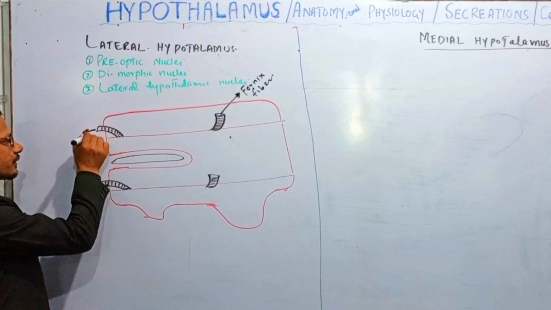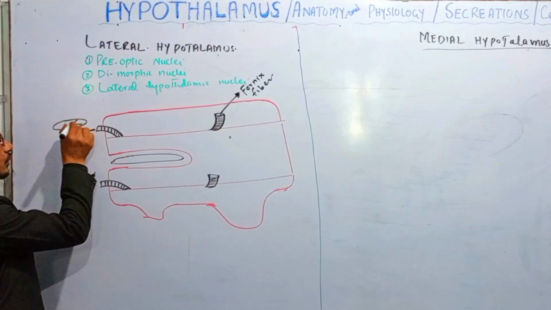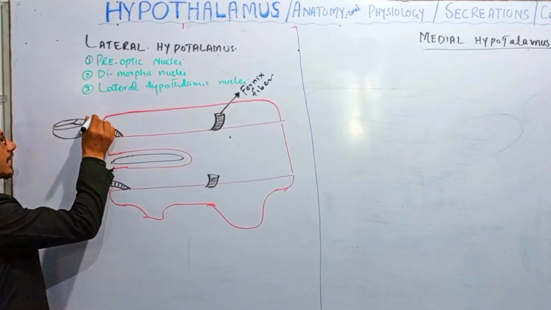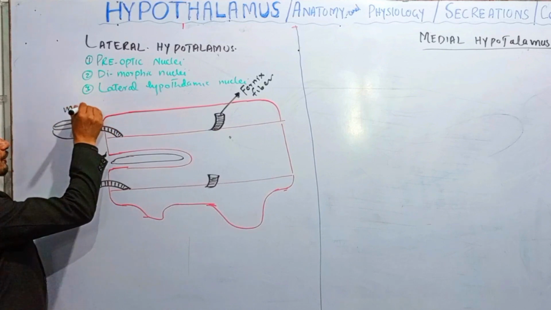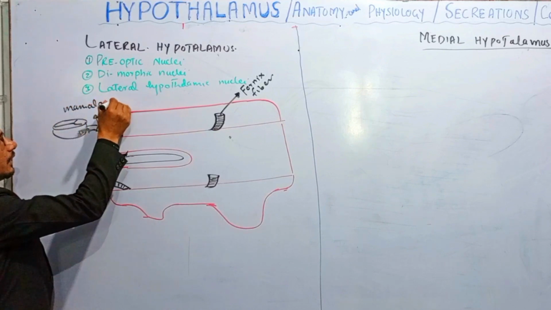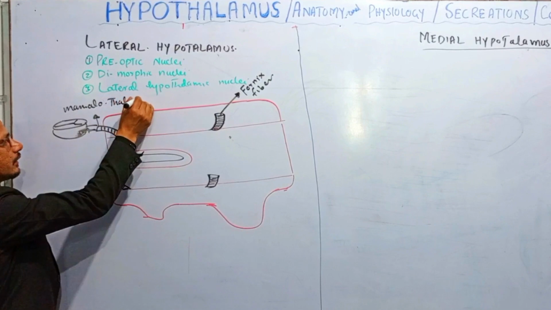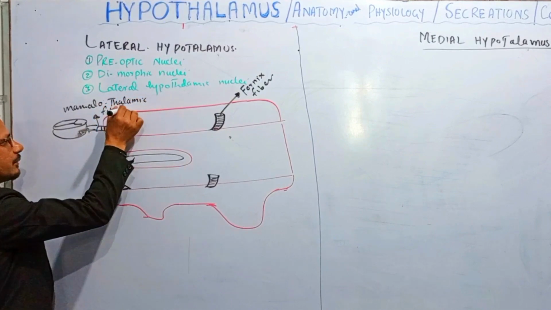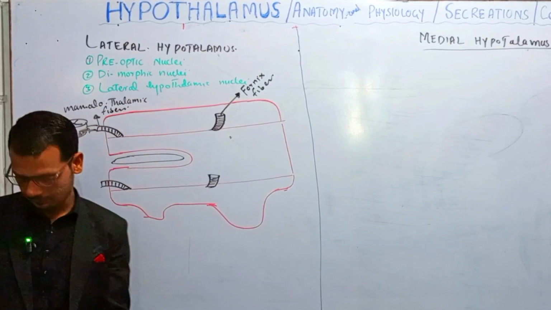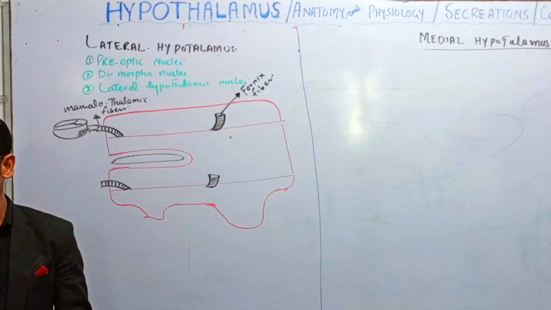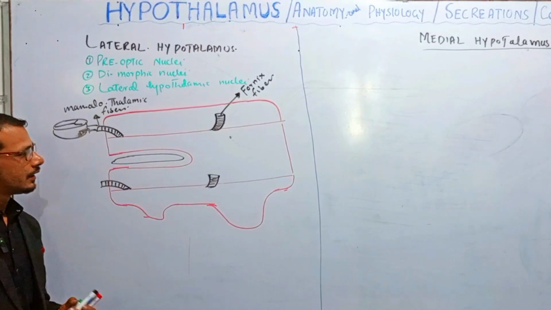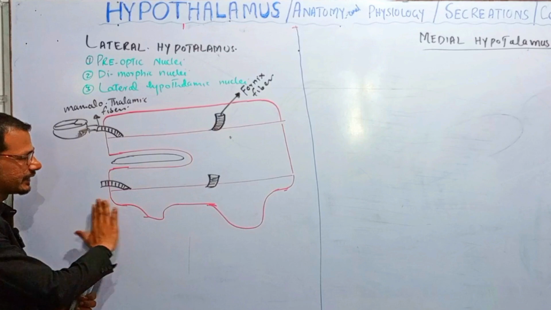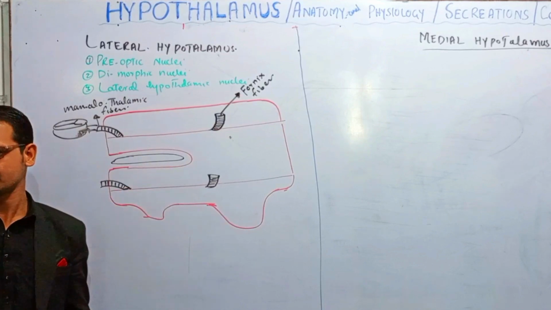And these fibers, because they are entering into the thalamus, are called the mammillothalamic fibers, right?